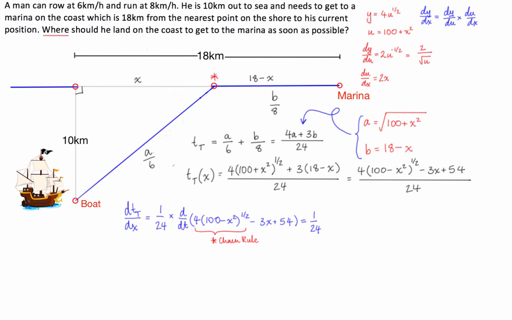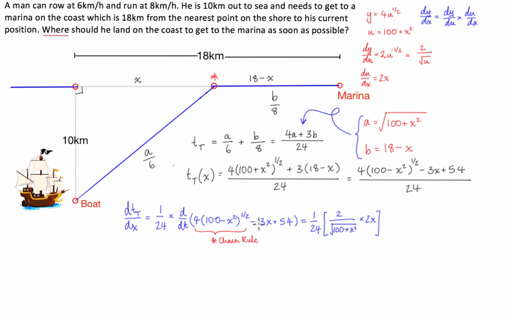With both of these in mind, I can put them into my formula. The derivative of the first part is 2 over the square root of u. Now u is equal to 100 + x², so I can reinsert that here: 2 over the square root of (100 + x²), and then multiply that by du/dx, which is 2x.